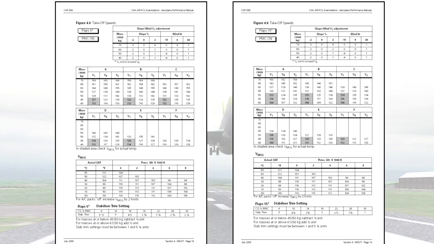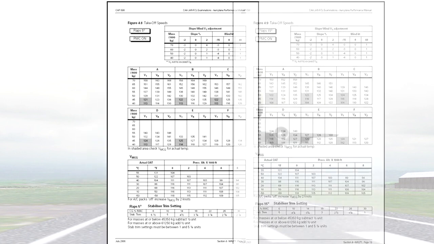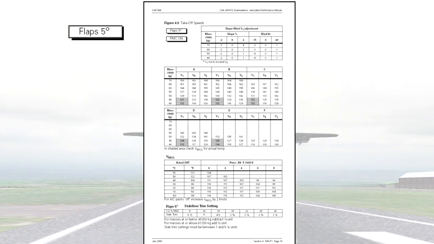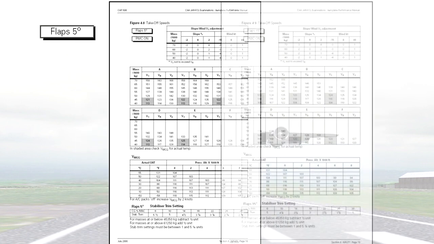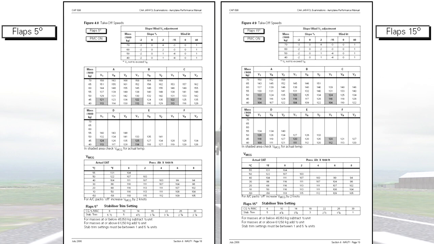Turning over the page to page 18 in CAP 698, you can see the speed tables. There are two sets of speed tables. The one on page 18 is for 5 degrees flap setting, and the one on page 19 is for 15 degree flap setting. Our example is using 5 degrees flaps with a regulated takeoff mass of 57,900 kilograms.